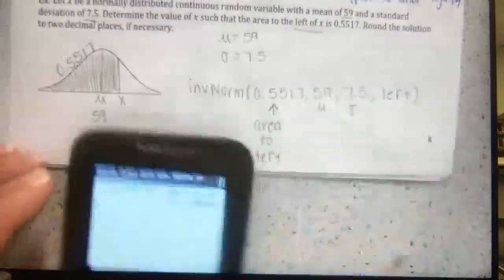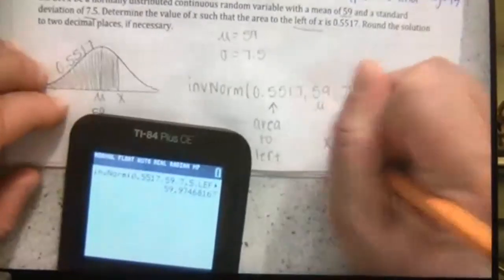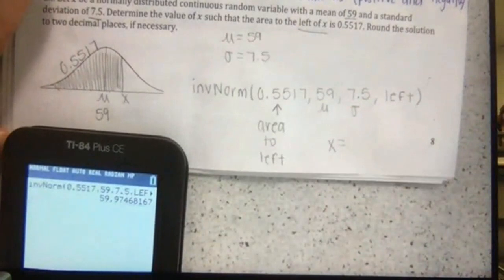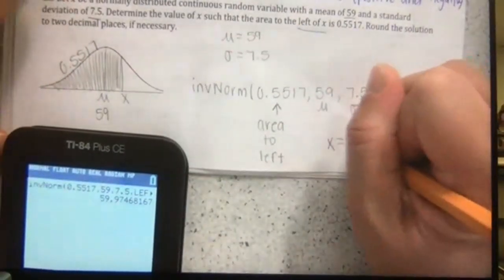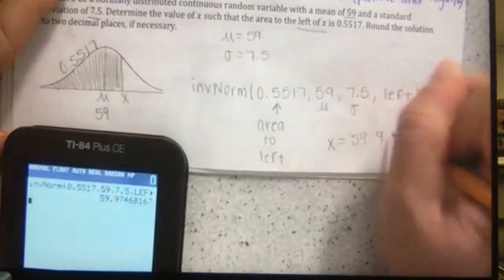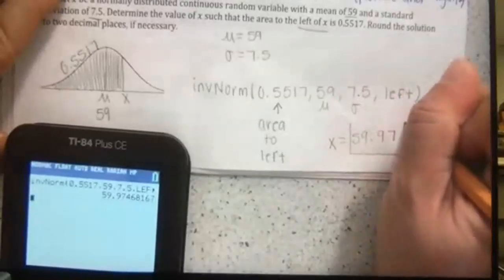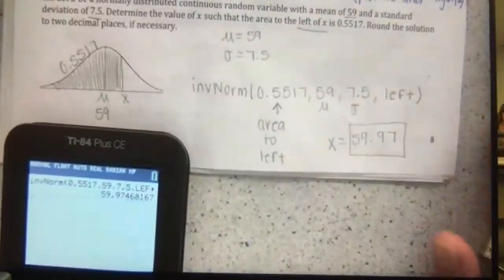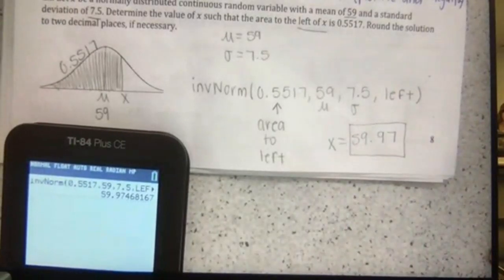There's our answer. So now our x value, not z, because our mean's not 0 and our standard deviation is not 1, is 59.974. So 59.97. One more page. Questions on this one before we go to our last page? 3 examples and we're done.